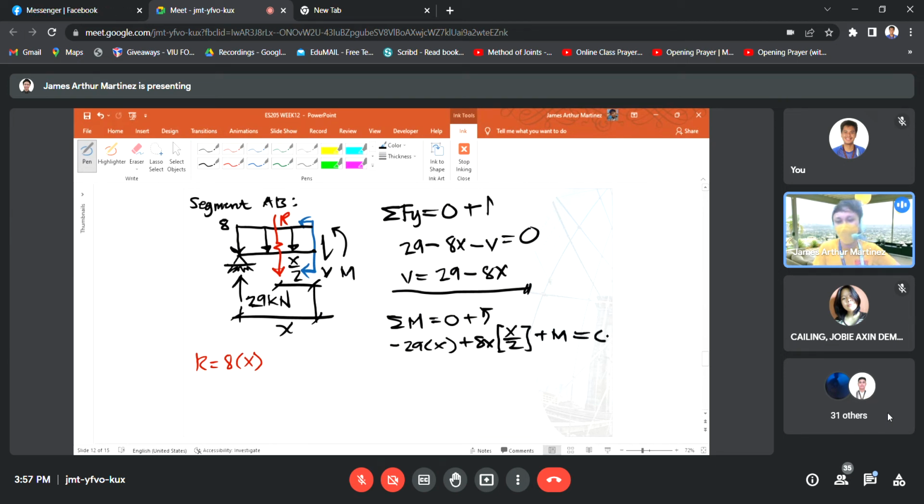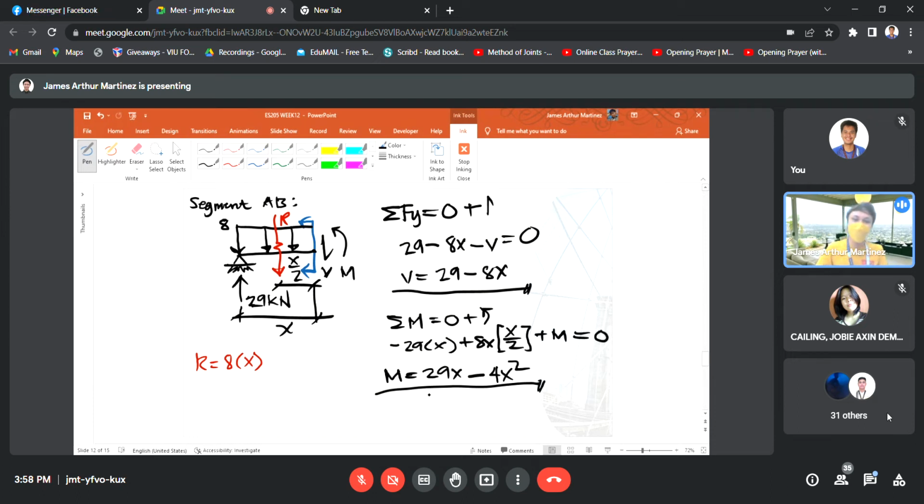So, equal na to 0. Therefore, class, naa na ang equation of the moment. So, simplifying, we'll have 29x minus 4x squared. Okay, so we now have shear and moment equations for segment A to B.